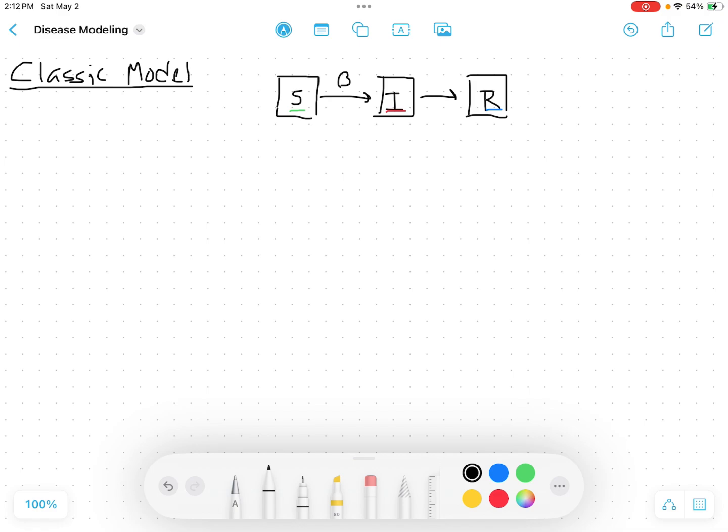I'm going to call beta, it's not precisely a rate of movement from here to here, but it would be an average number of adequate contacts.